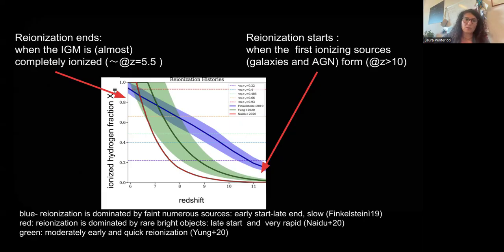In the blue scenario, ionization is more dominated by the faint numerous sources, whereas in the red scenario, ionization is dominated by the rare bright objects. So we will try to see, first of all, how observations of galaxies and quasars can put constraints on a plot like this.